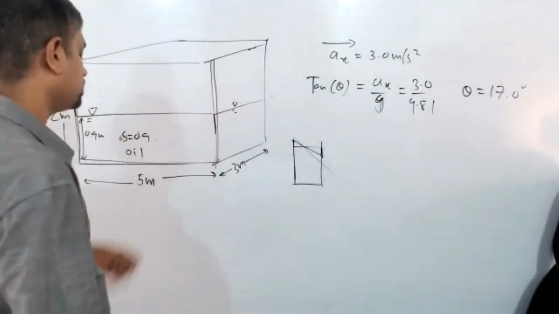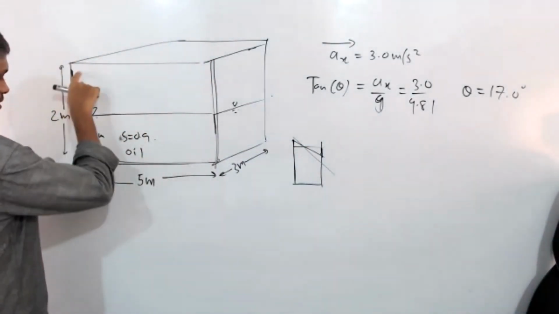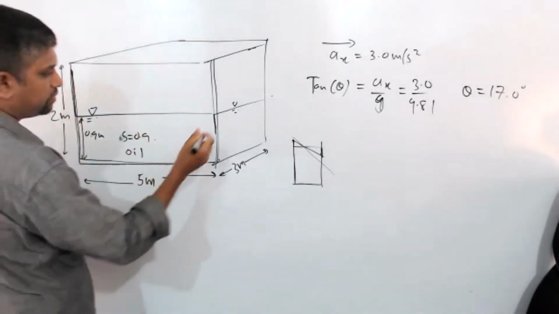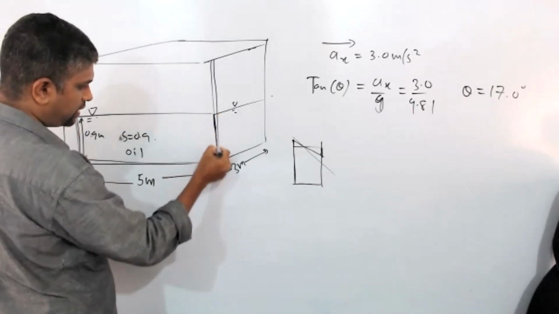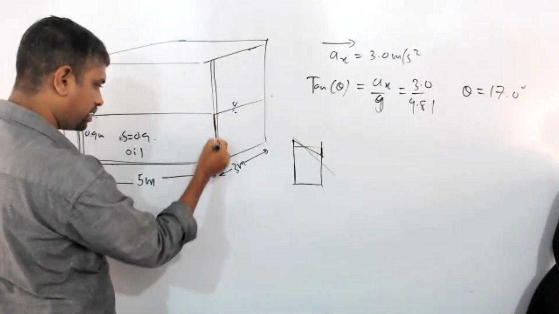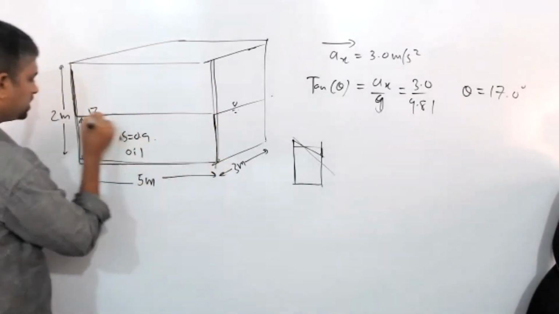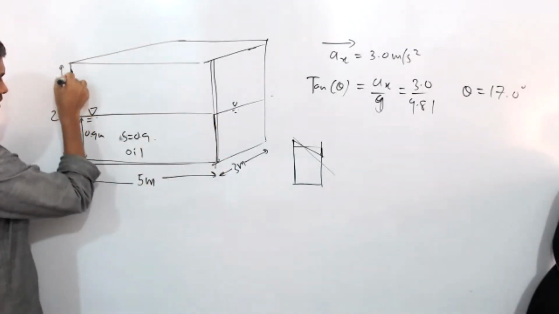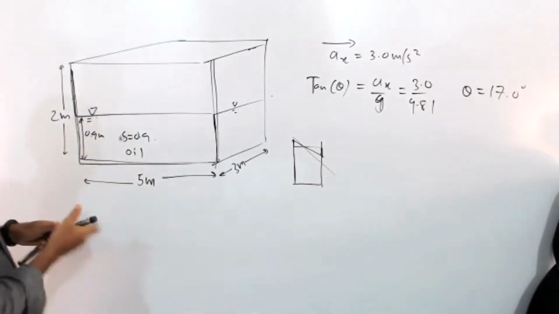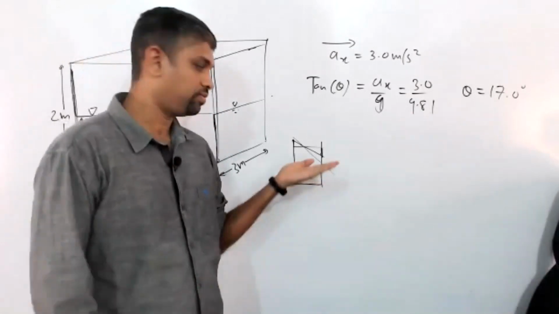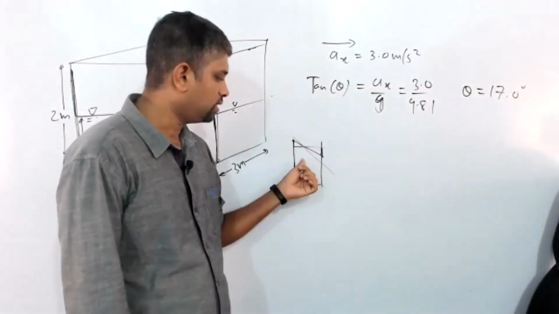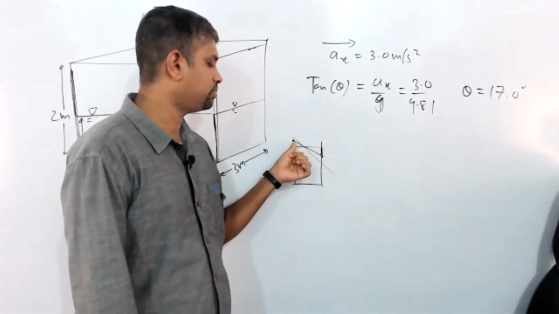Now in this situation, this is a 2-meter-high tank and the oil level is 0.9. Therefore when the level at the front reaches the bottom, the other side will not go to the top. If it is filled more than half, it will first reach the top end.